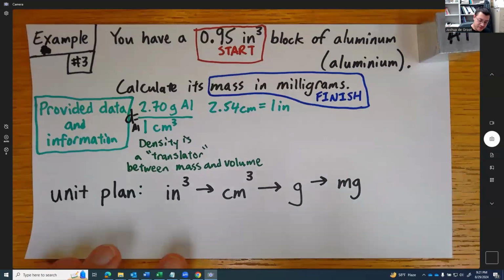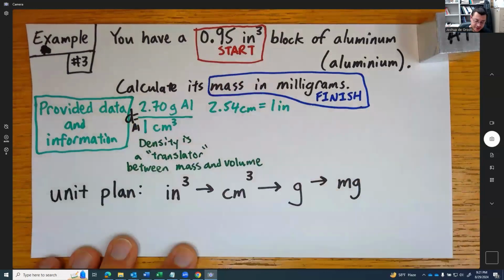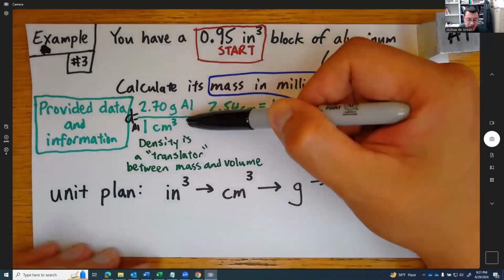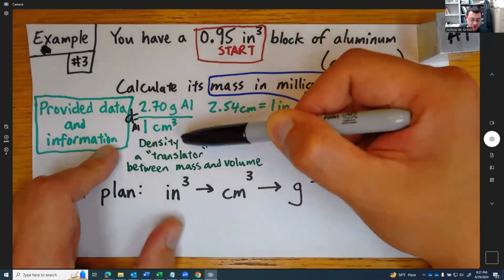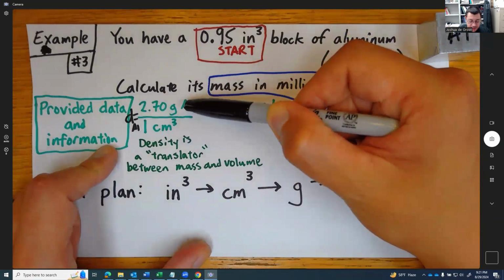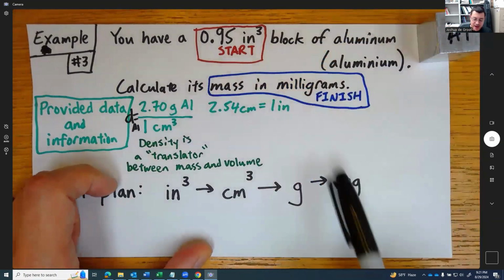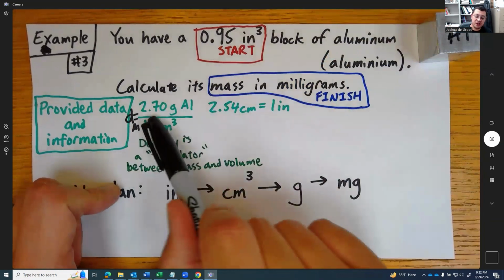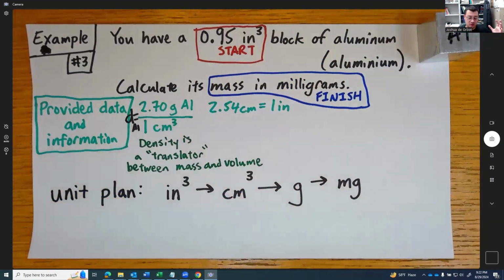But with this information provided, I see a route forward. The density allows us to translate between volume and mass. So I know we need to end with a mass, but we're given a volume. So we're going to get this involved somehow to change from the volume world to the mass world.